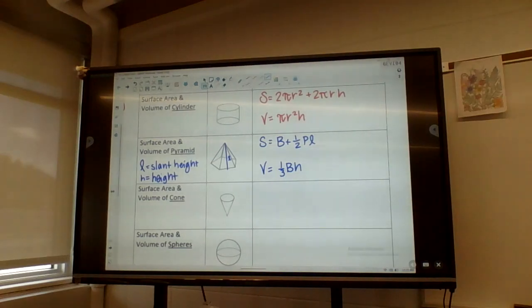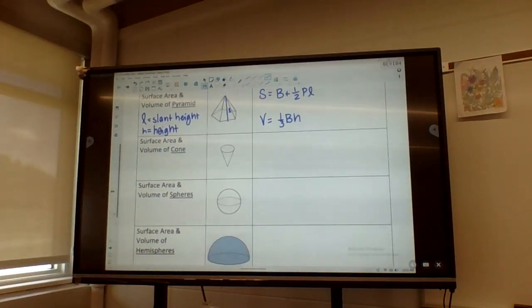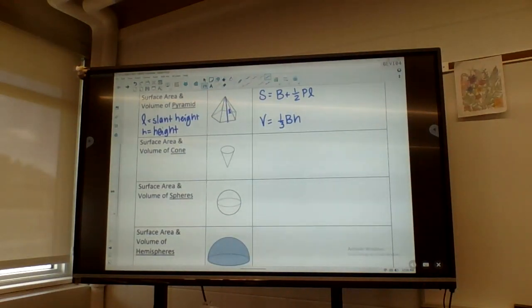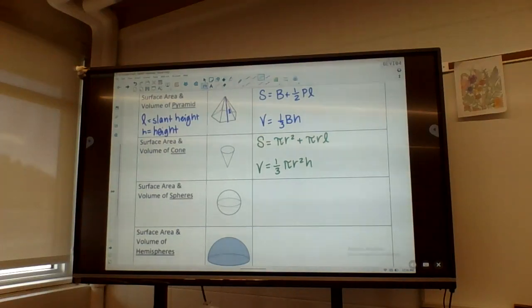So those are two different things, and so that's probably good to kind of have them next to each other like that. So our cone then. And our volume.